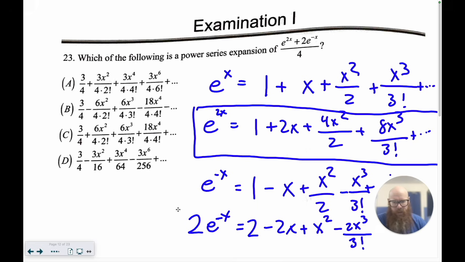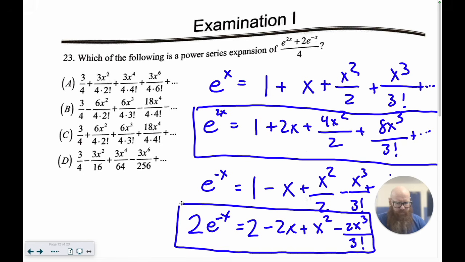Either way, I'm going to hold on to that. Now I'm going to stop there and then figure out the answer. What I'm doing is adding these two together, then dividing by 4. So term by term, 1 plus 2 is 3, and 3 divided by 4 is 3/4. Oh no, they all have 3/4, so I just wasted time there.